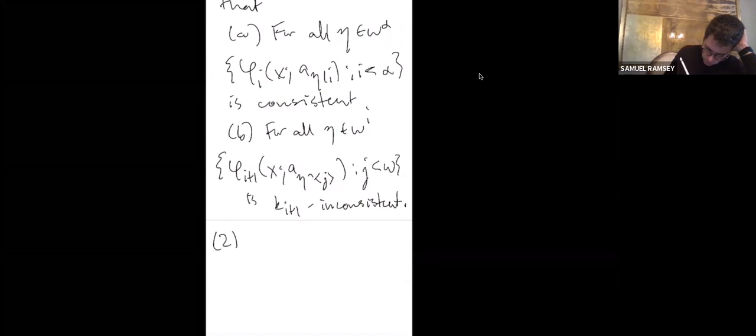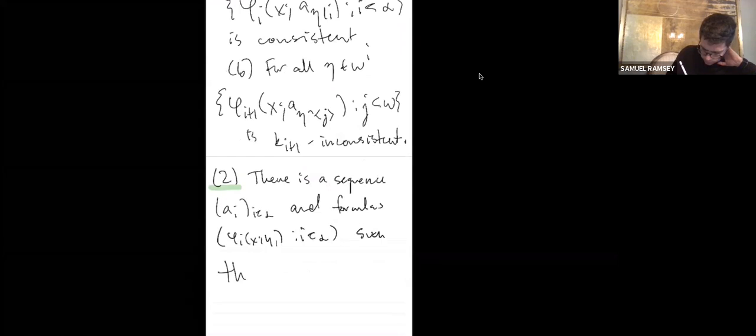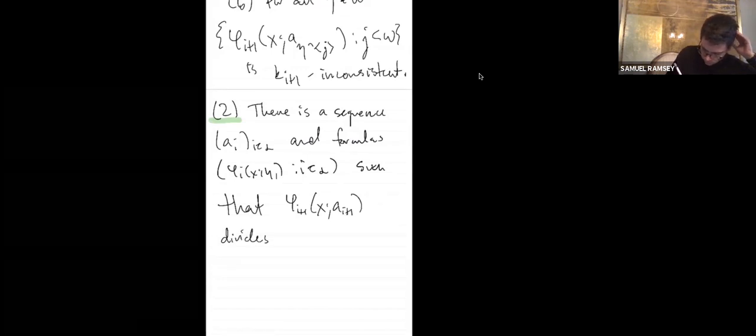And then the second condition, number 2, says there is a sequence (a_i), i < alpha, and formulas phi(x, y_i), i < alpha, such that phi_{i+1}(x, a_{i+1}) divides over a_{<=i} for all i < alpha.